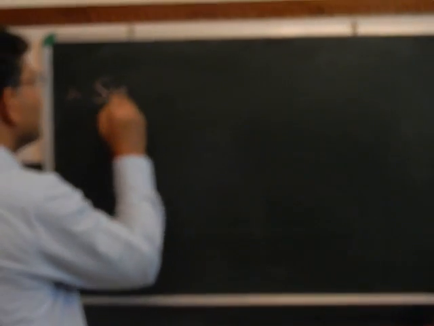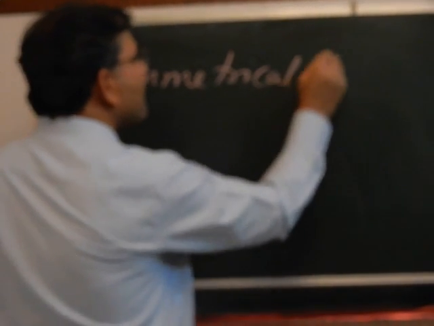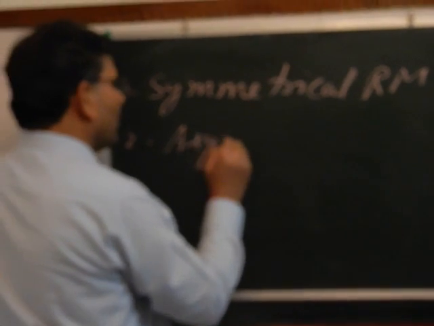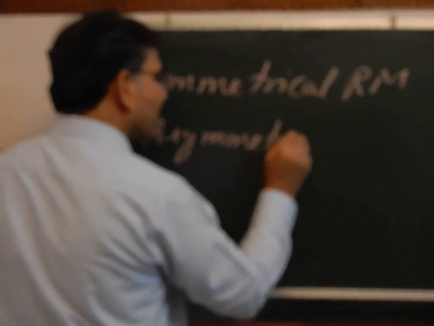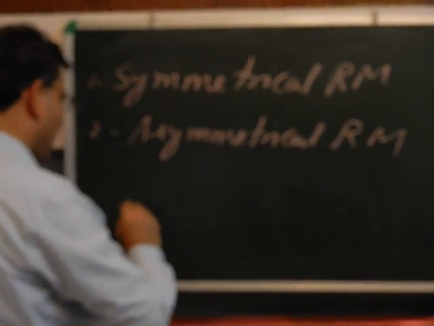Generally, there are two types of ripple marks. Number one is symmetrical ripple marks, and second is known as asymmetrical ripple marks.